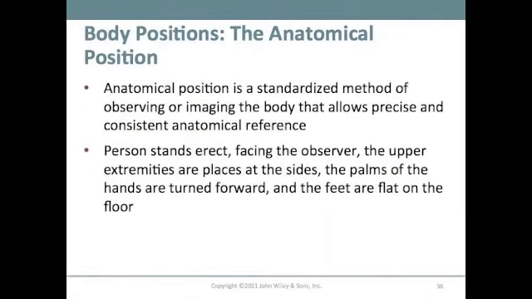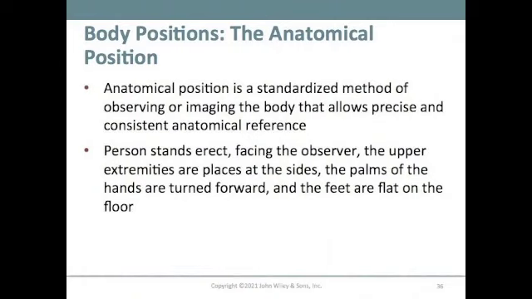So the anatomical body position, you can see there on figure 1.6 at page 15. Body stands erect, feet are facing forward, palms are up, and that's what we call anatomical position. So you need to be looking at your book right now. Figure 1.6 shows all of the different parts of the body, but really right now we're just interested in the positioning of the body.